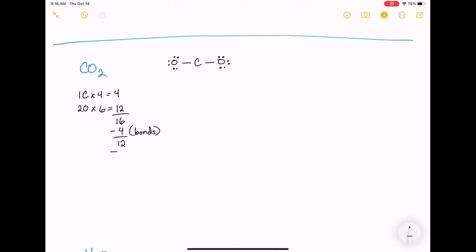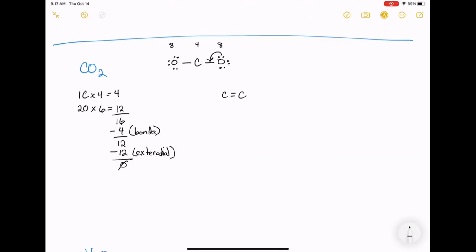And in giving both oxygens their octet, we've used up the rest of our electrons, and we have hit 0. At this point, you ask, does everybody have an octet? The oxygens both have 8, but our carbon currently only has 4, 2 in each of the bonds. So that is when we start to share a pair of electrons.